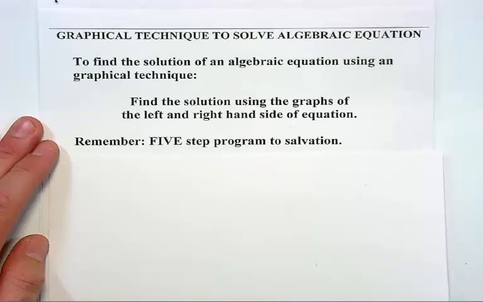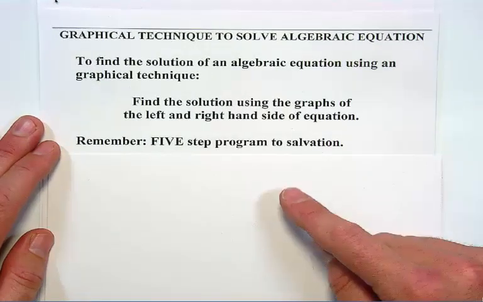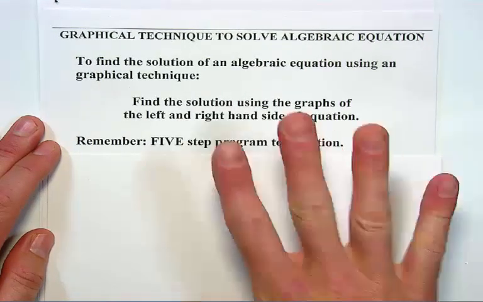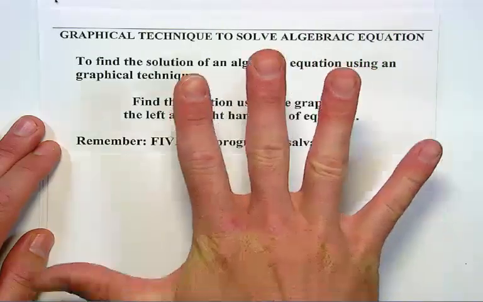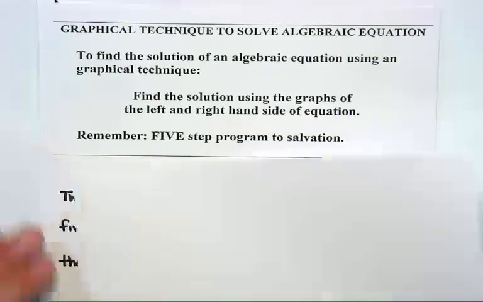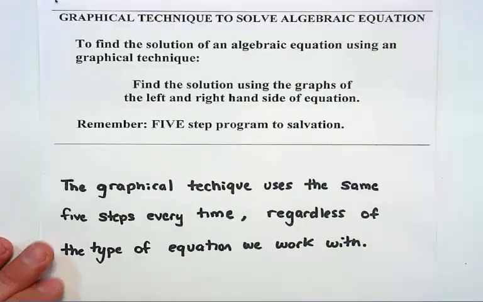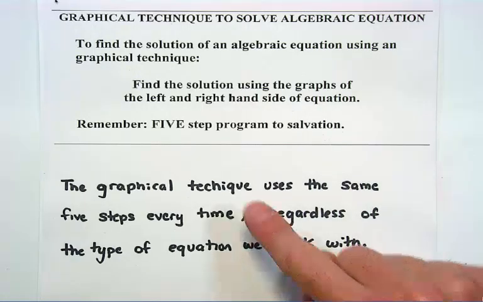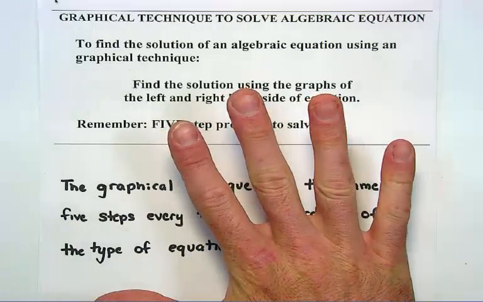The one thing to remember in this case is the graphical technique is a 5-step program to salvation. We're going to talk about 5 steps necessary to solve equations graphically. The last shout out I'm going to say on this is graphical techniques use the same 5 steps every time.